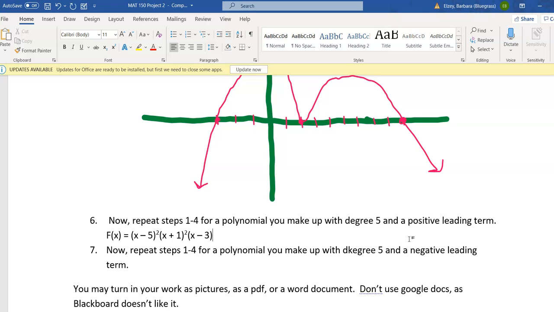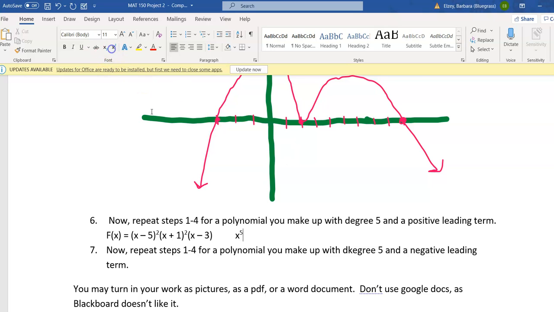So let's say x minus 3 to the first power, so I won't write a power. So that's x to the 5th when we multiply our exponents out. All right, so this is a 5th degree polynomial with a positive leading term. And our leading term, if we were to write it, would be x to the 5th.